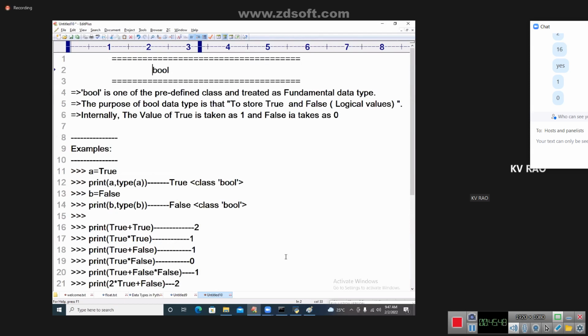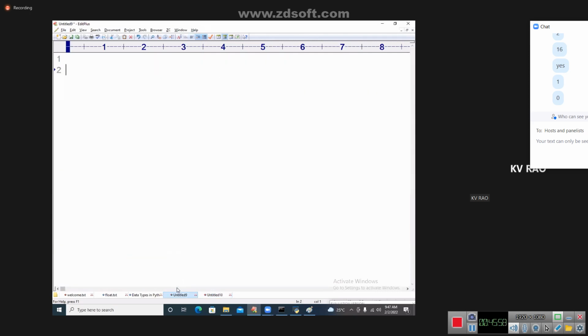Fine. Prasad is asking a question. Try to answer it, because you need to follow me carefully. Sir, 0 into F: Prasad, do you feel that it is a multiplication symbol or an X? I hope you are expecting the multiplication symbol. Am I correct, Prasad? Is it an X or a star?